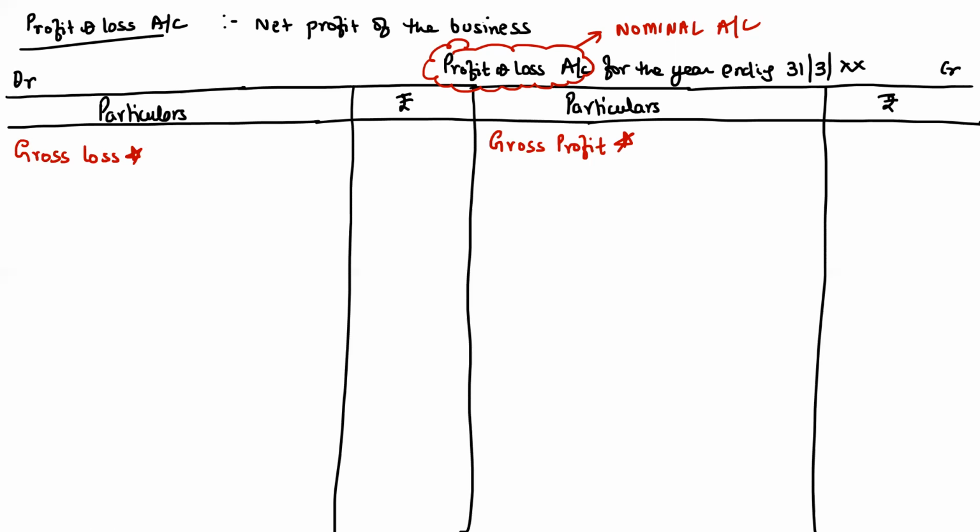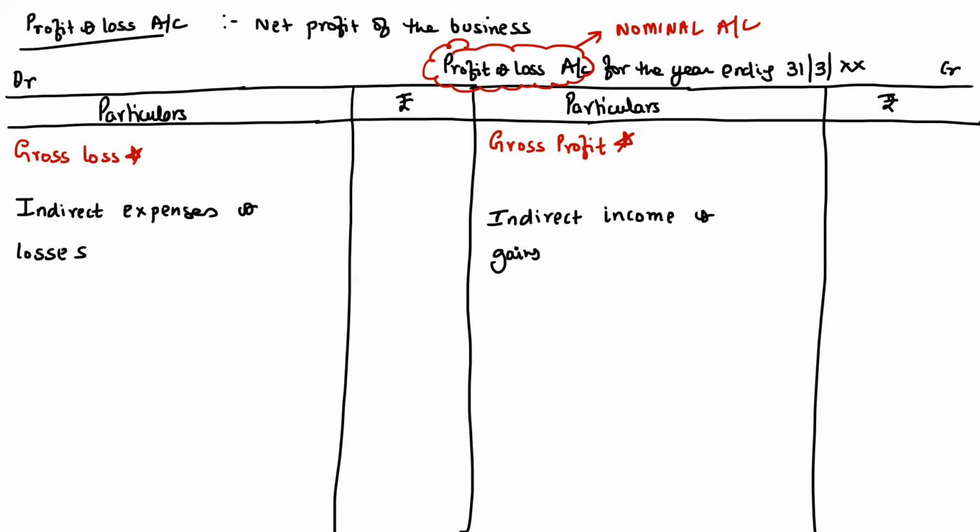Then on the debit side, we write all the indirect expenses and losses. On the credit side, we write all indirect income and gains.